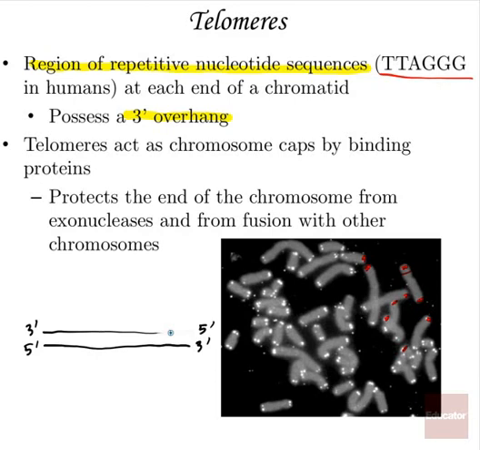Telomeres act as caps for chromosomes, and they do that by binding a bunch of proteins. These proteins help with a couple of different things. First of all, they protect the end of the chromosome from exonucleases. Remember, exonucleases could just come in here and start erasing, and keep erasing.